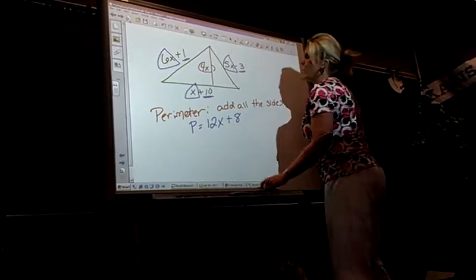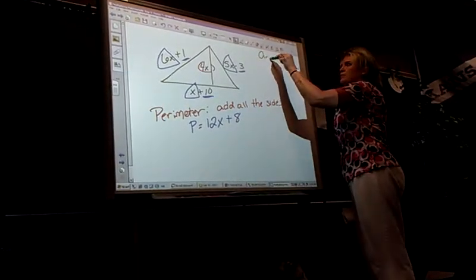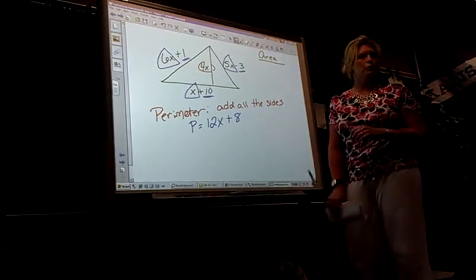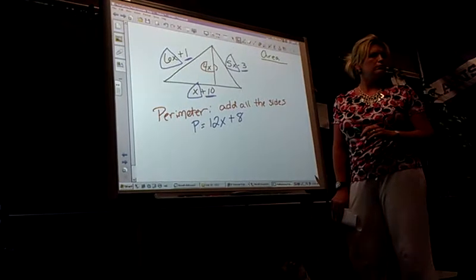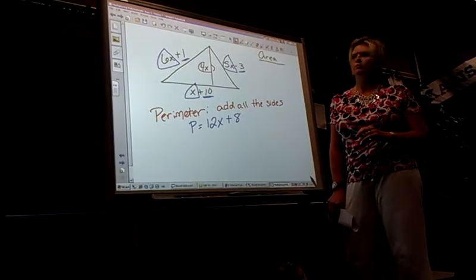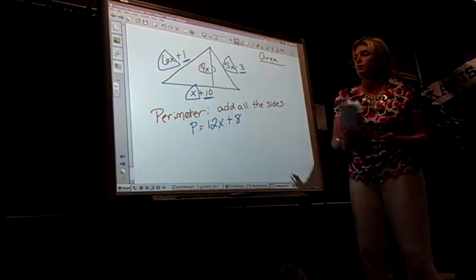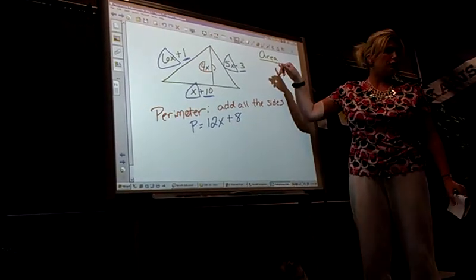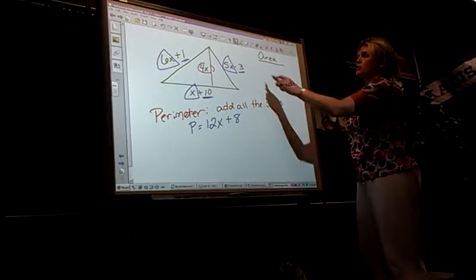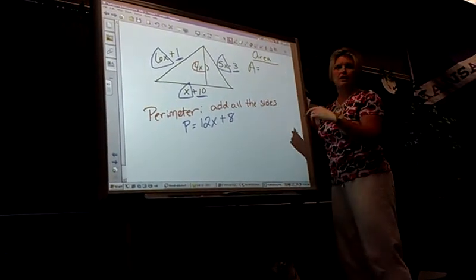Now, though, I want to find the area. What's the formula for area of a triangle? Wait, what do you do with the 4x? Right now for perimeter, you don't do anything with it. We need it now for area. Area of a triangle, you can write it two different ways.